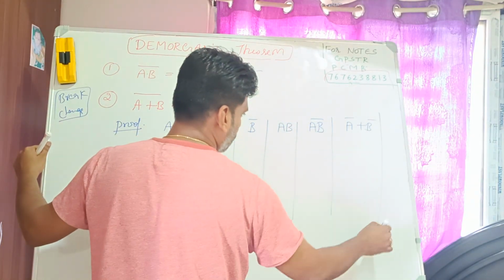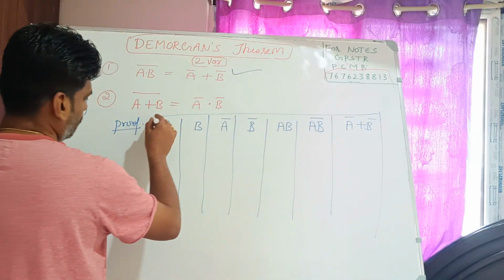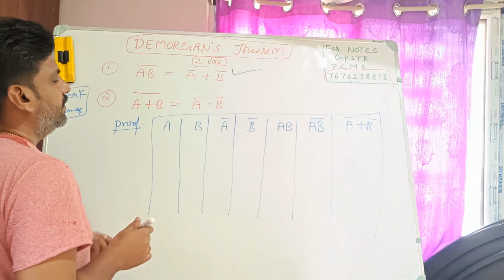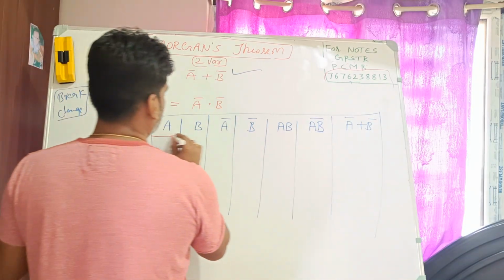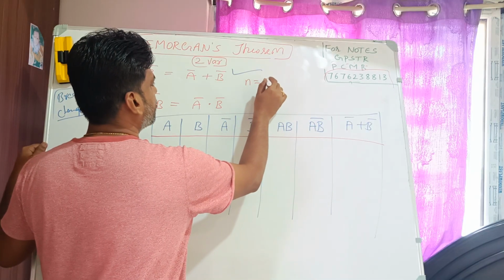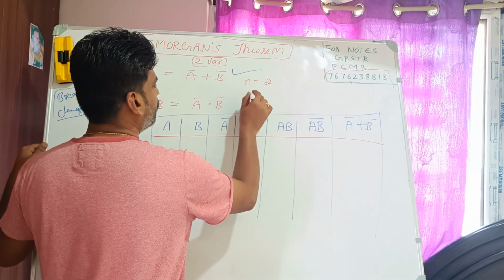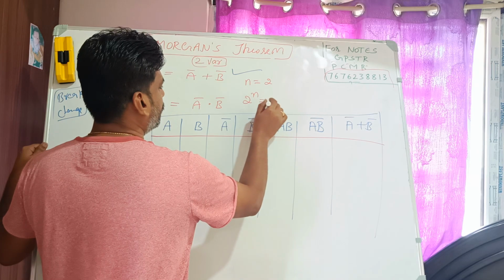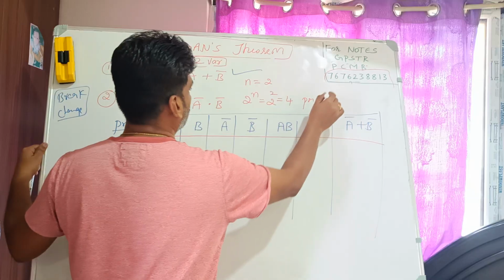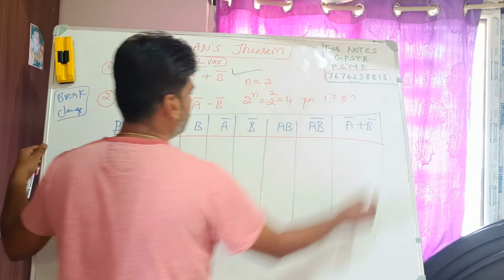How to go for the proof: these are the variables we'll be having. The general format is, how many variables are there? 2. So you should always go for 2 power n. 2 into 2, what is 2 into 2? 4 possible combinations of 1s and 0s you will be having.